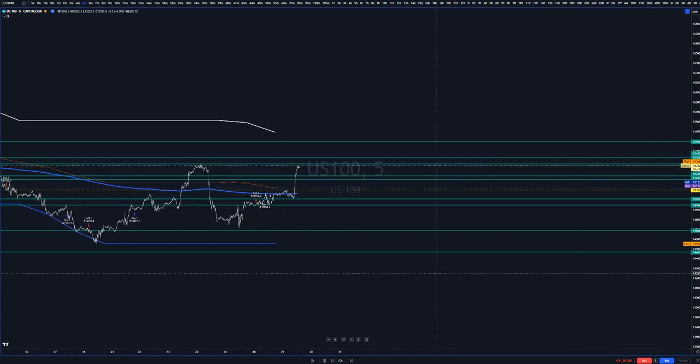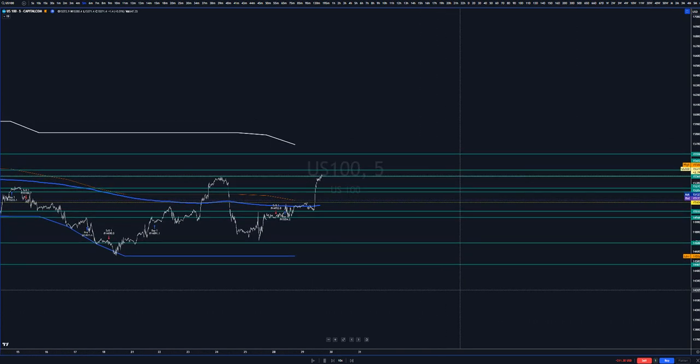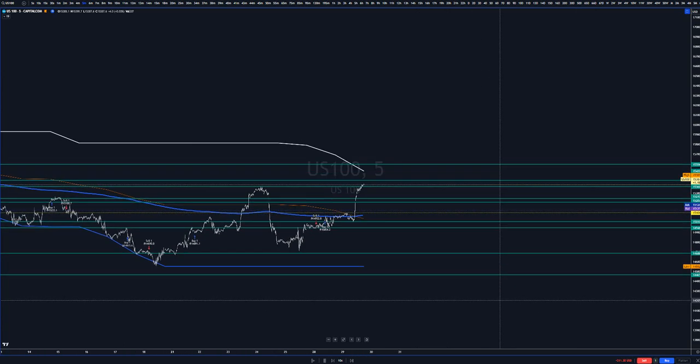And now it seems that the market got some news, events, whatever, it driving higher.